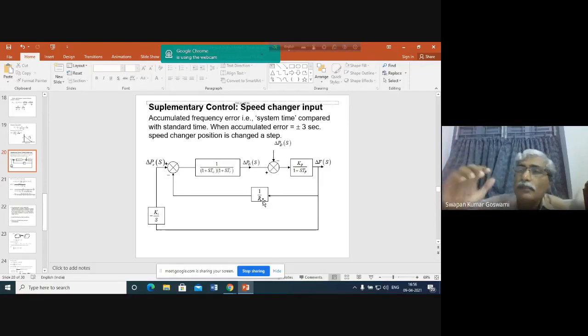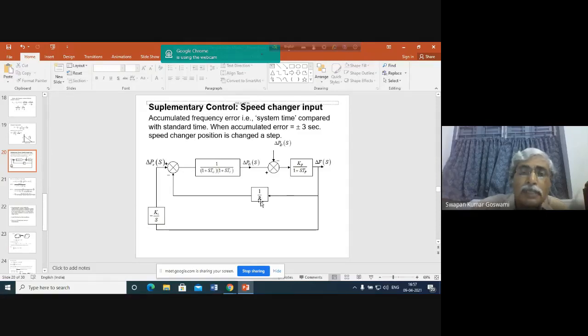Obviously frequency will deviate from its normal value, and will be away from its nominal value as well. But when the integral of frequency error measured by this system time exceeds a certain predetermined value, let's say around 3 seconds or so, then the speed changer position will be changed by this secondary control or supplementary control by one position.